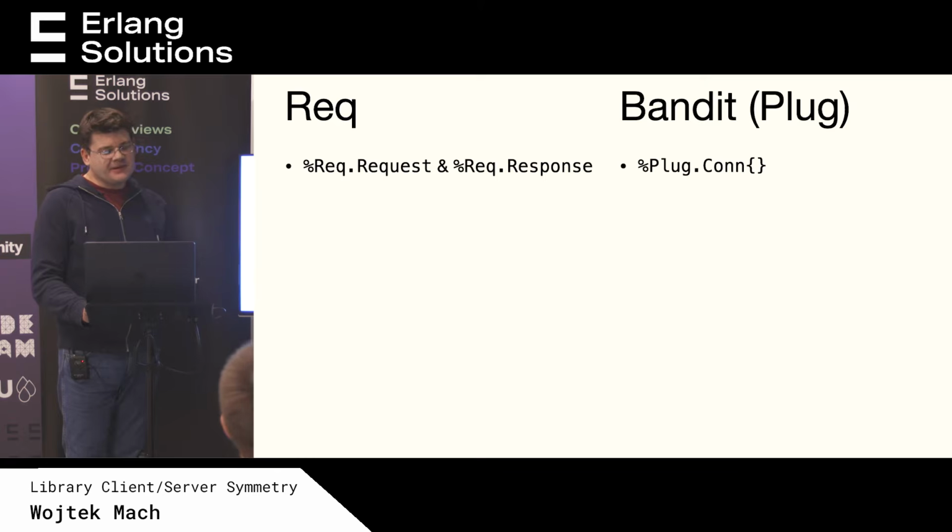But I would say that this is actually what most people expect most of the time. Like, most of the time, you just make a request, you get a response, and this is it. You don't care what was the request that you sent. With Plug, there was maybe more focus on that kind of middleware approach, passing everything around.